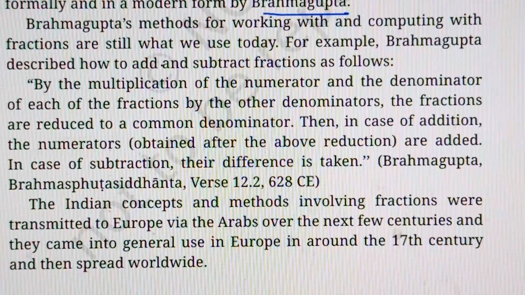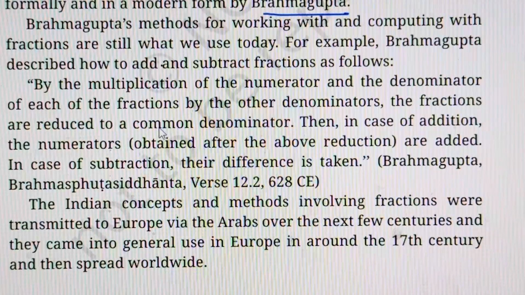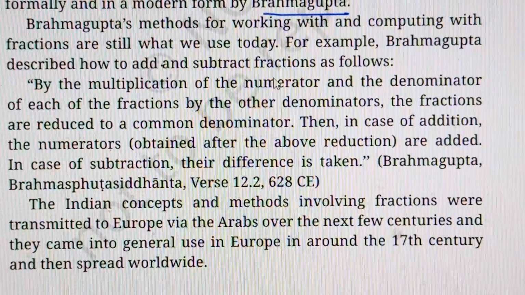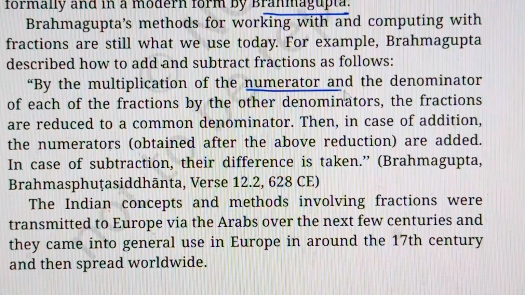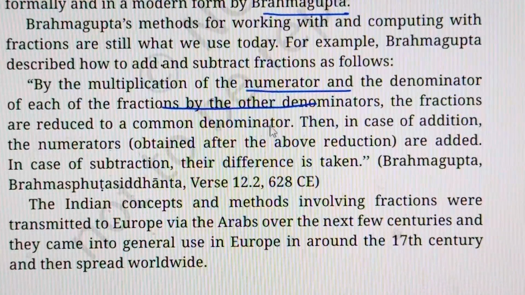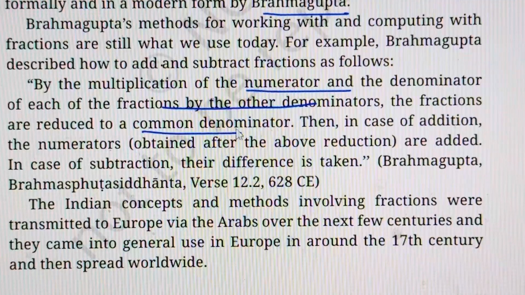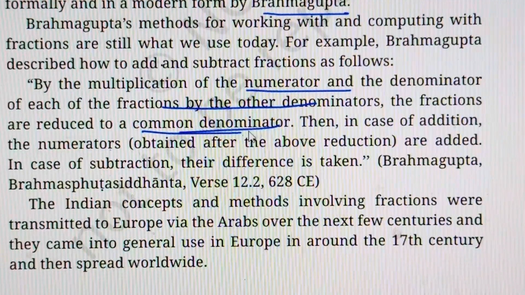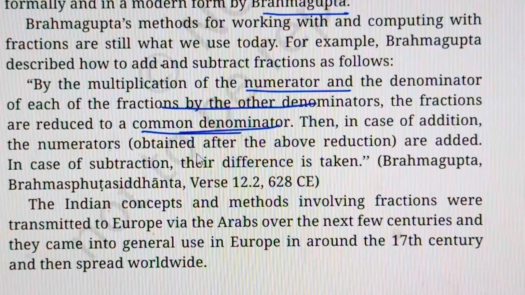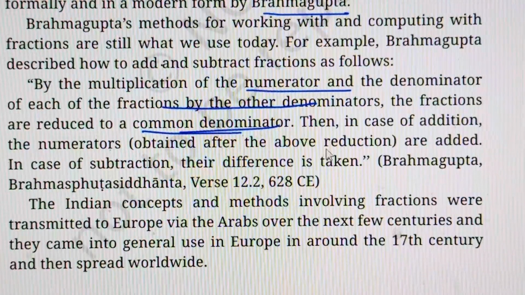We learned this earlier by converting both of them into equivalent fractions, like multiplying the numerator and denominator by the other denominator, or taking a common denominator in case of addition as well as subtraction. Once the denominator is the same, we can add the numerators.